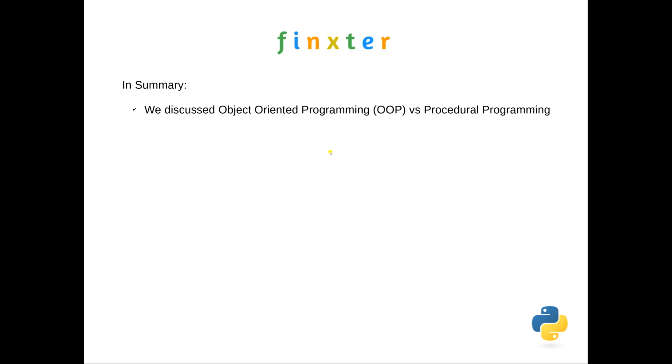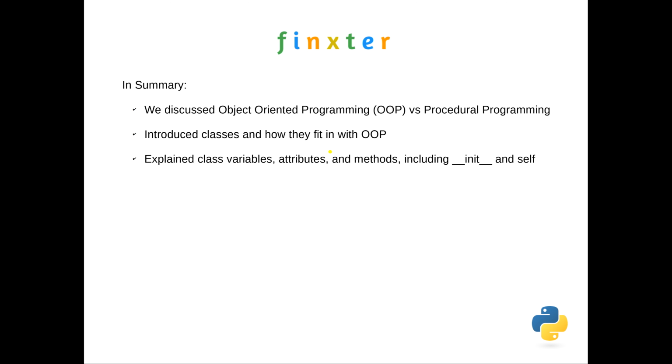So just to summarize where we got to in part one of this, we discussed object-oriented programming and why it's preferable to procedural programming. It's just a much more efficient way of doing things, and it works with the DRY acronym for programming, which is don't repeat yourself. We talked about classes and how they work in OOP, and we introduced you today to class variables, to attributes and methods, and we spoke on the init function and self and what that's for.